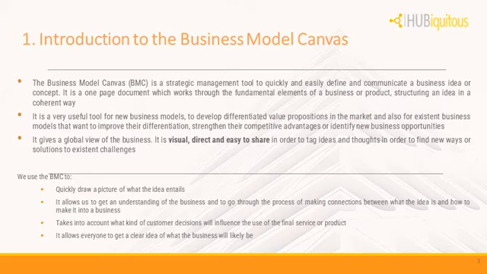It is very useful in order to define the business models, which are like the map of our business. And it helps to develop differentiated value propositions in the market, and not only for new businesses or new ideas, but also for existing business models that want to improve their differentiation, that want to strengthen their competitive advantages, or that want to identify new business opportunities.